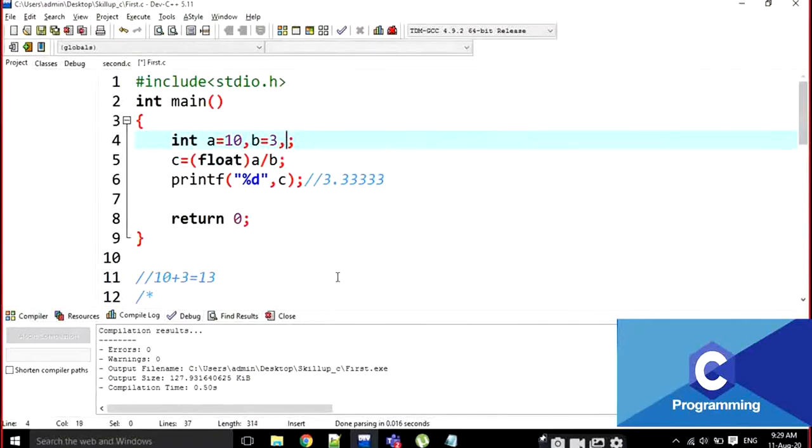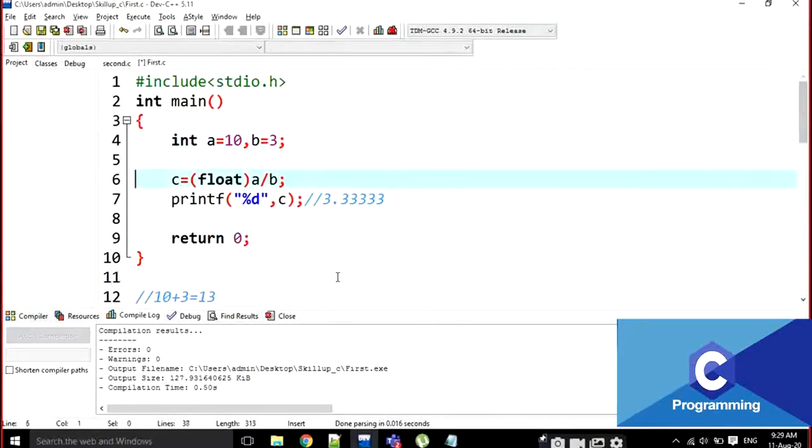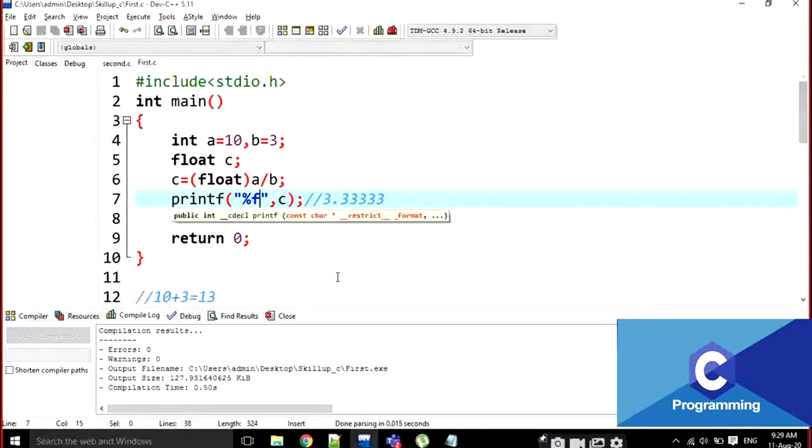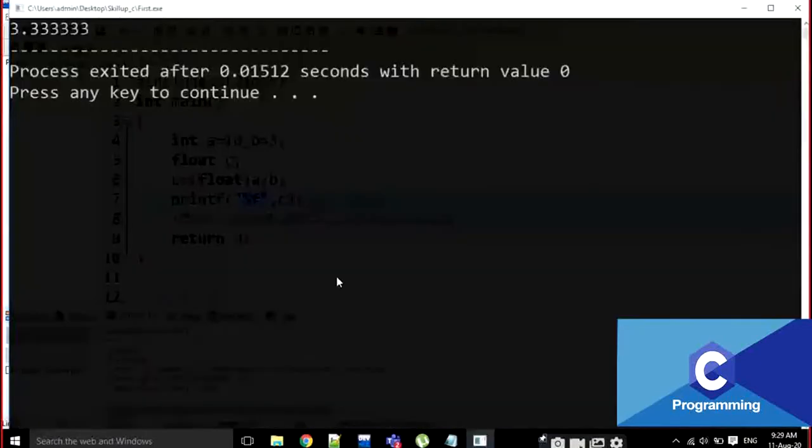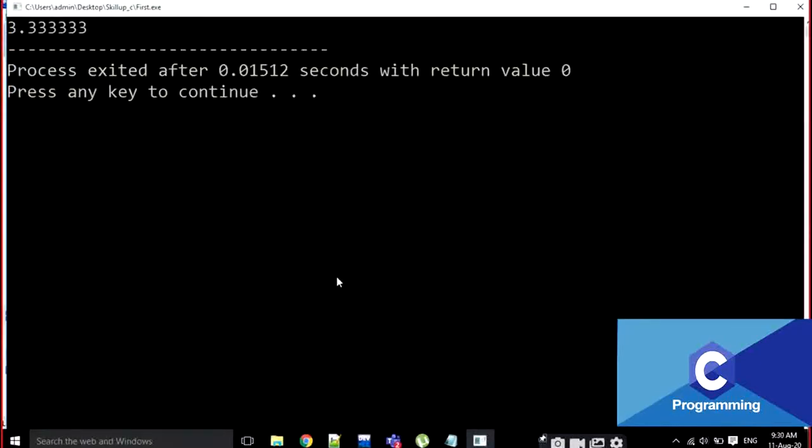That's why I am going to change this C value into float. Float C. Now the result is in float. Now I am going to write here a floating value. If I execute it, it is going to print 3.333 like this.